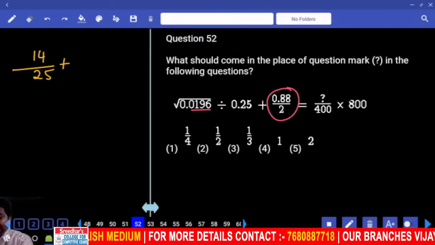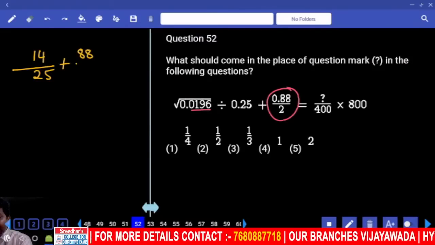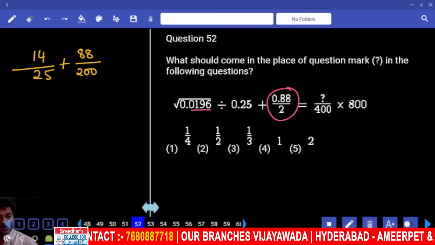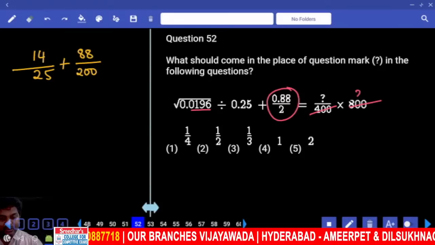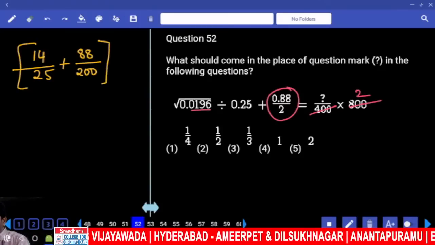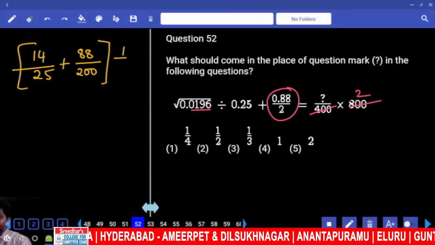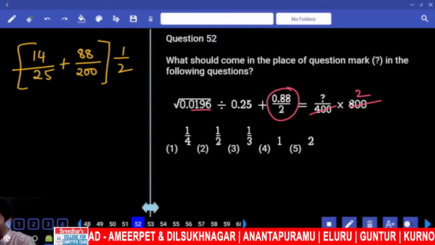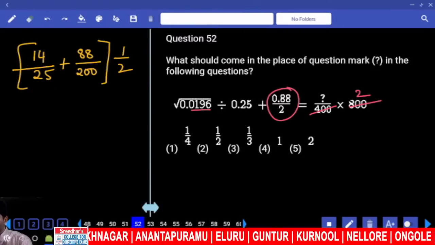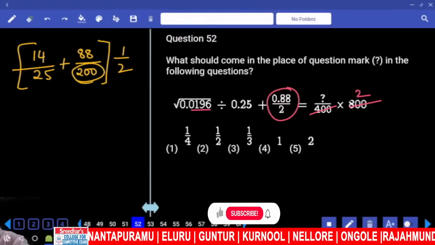Can we write this number as 88 by 200? 400, 2 times. This entire value is equal to 2x. Then x will be equal to 1 by 2 of this number only. First denominator is 25. Here also I am expecting 25.